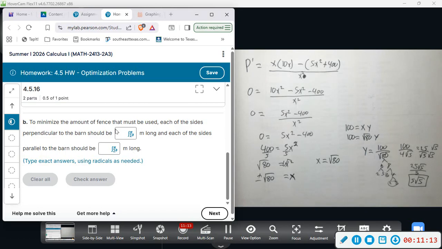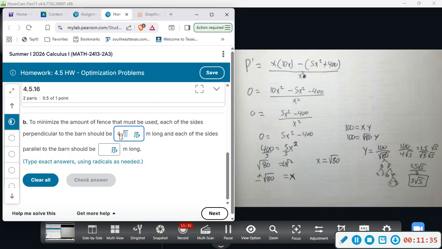All right, so to minimize, each of the sides perpendicular to the barn, which are the x, should be square root of 80. Square root of 80 can reduce to 4 square roots of 5. And then the y simplifies to be 5 square roots of 5.